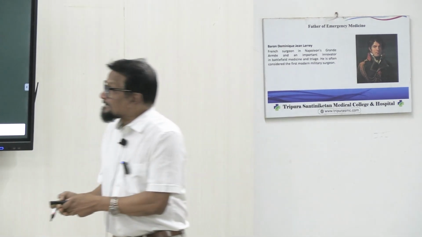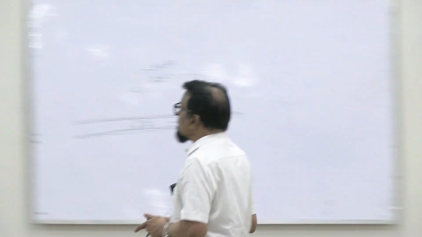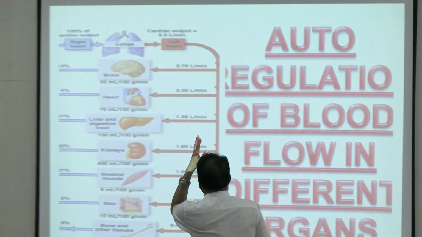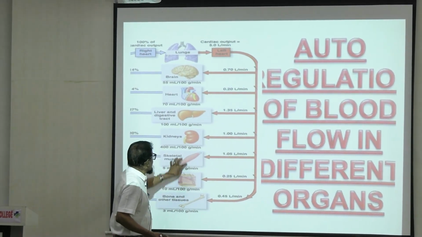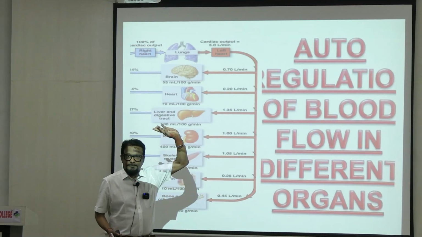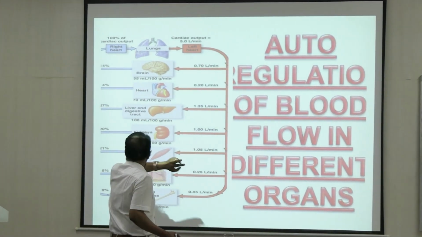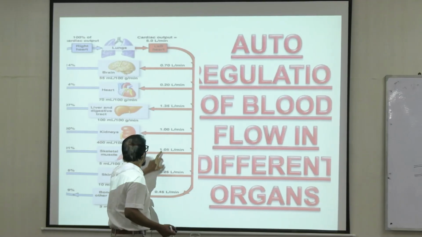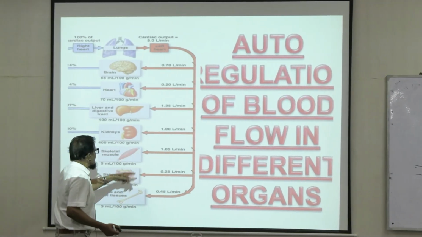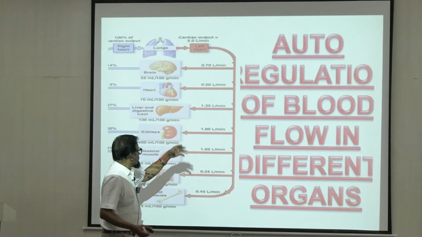Okay, let us see this picture. It shows how the cardiac output of 5 liters of blood is distributed to different organs, and what the flow rate is. These flow rates can be adjusted.